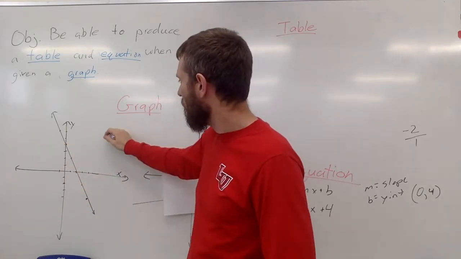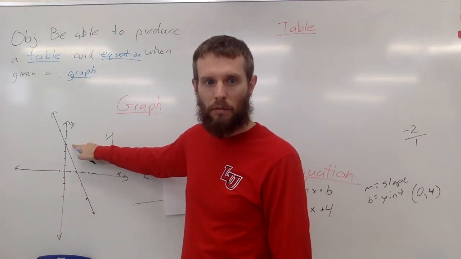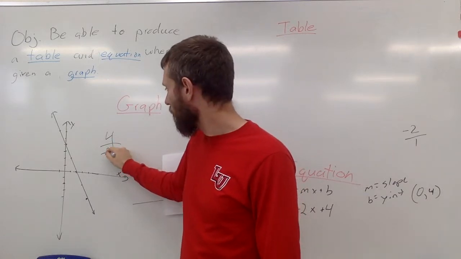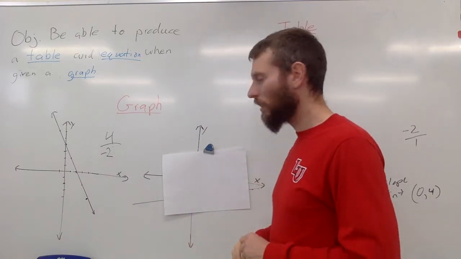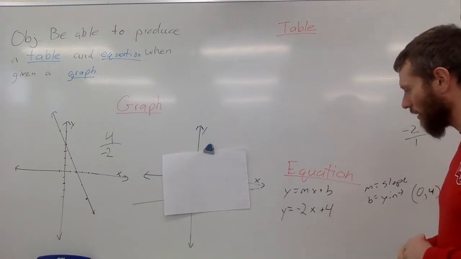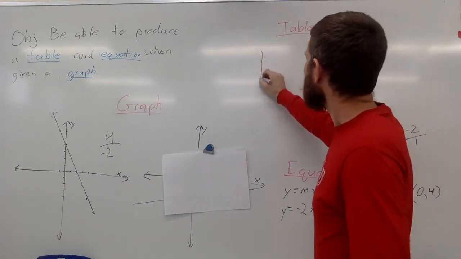That's a rise of 4. Then I'm going left 1, 2. That's a run of negative 2, since left is negative. And 4 over negative 2 is still negative 2. So my slope is negative 2, and my equation will be y equals negative 2x plus 4.